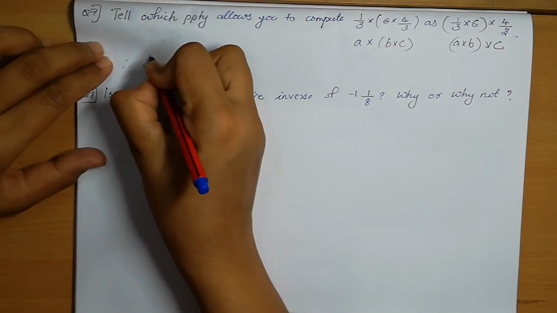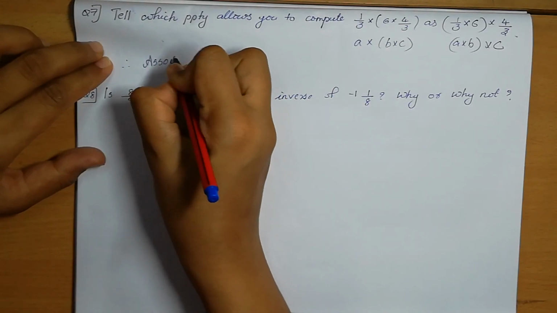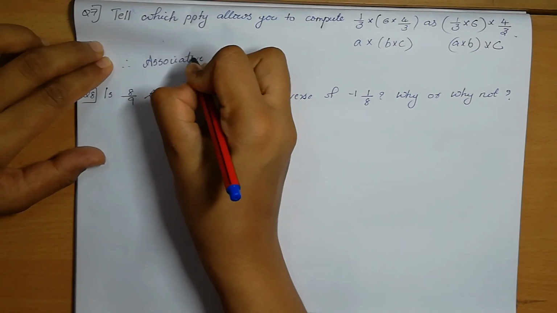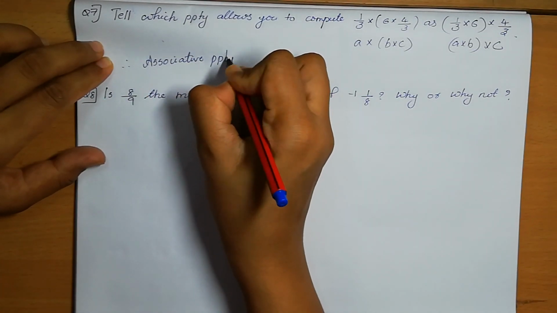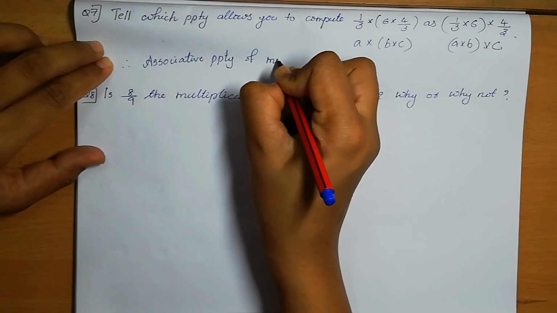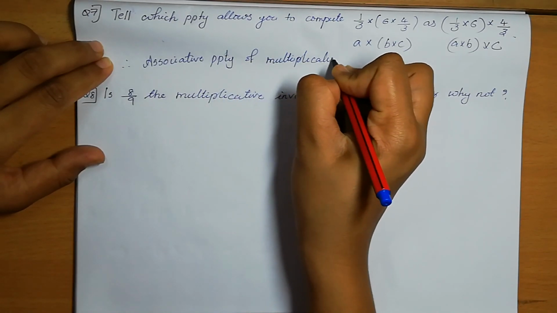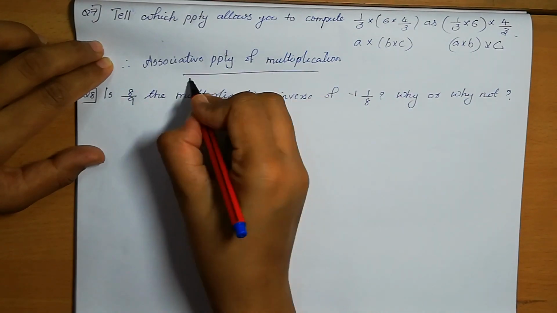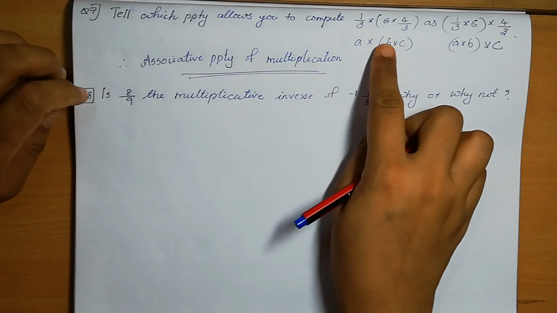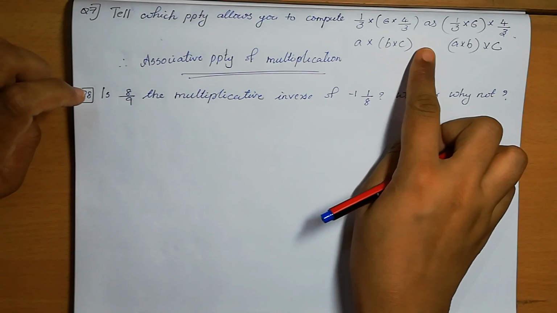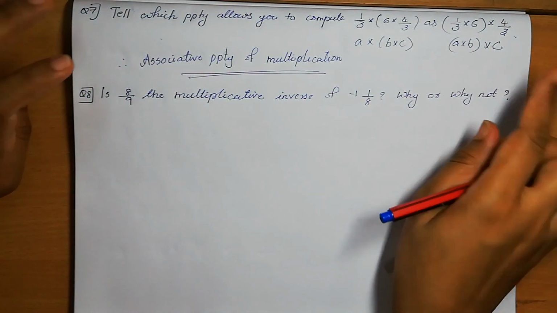Therefore, the associative property of multiplication allows us to compute 1 by 3 into 6 into 4 by 3 in the regrouped way.